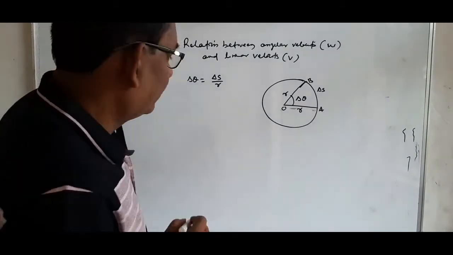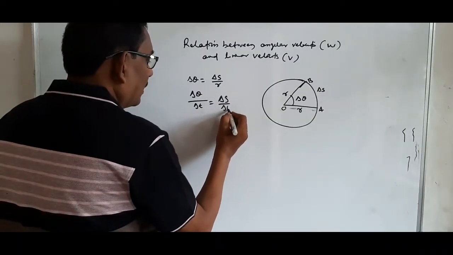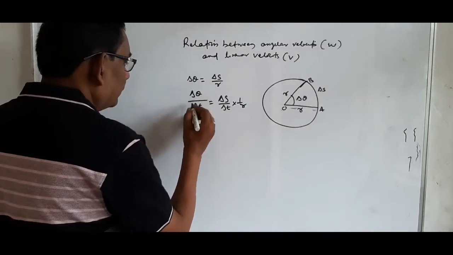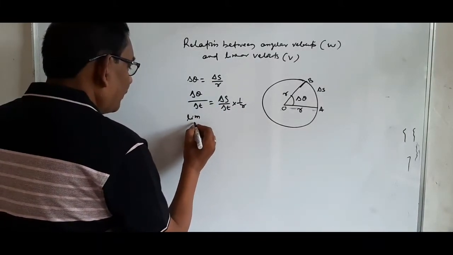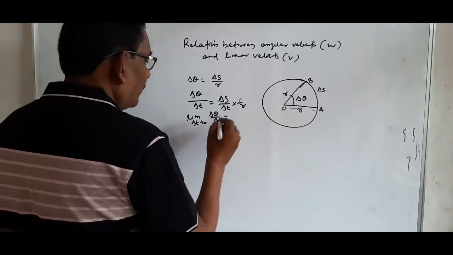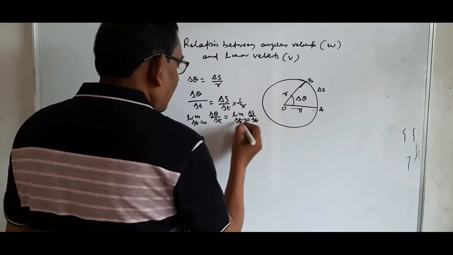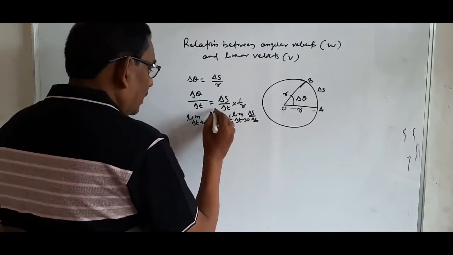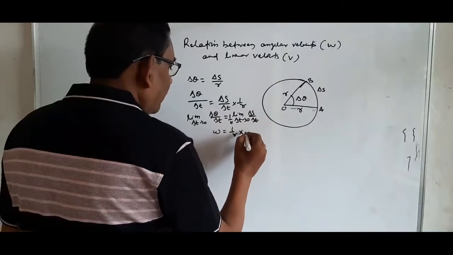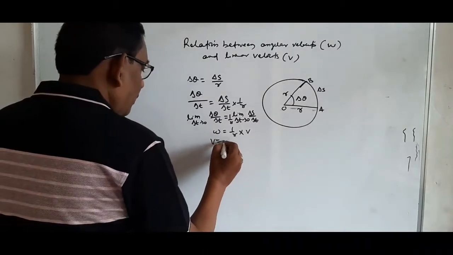Dividing both sides by a small time delta T, delta theta by delta T equals delta S by delta T into 1 by R. Taking the limit on both sides, limit delta T tends to 0, delta theta by delta T equals limit delta S by delta T times 1 by R. It gives omega equals v by R, so v equals R omega.